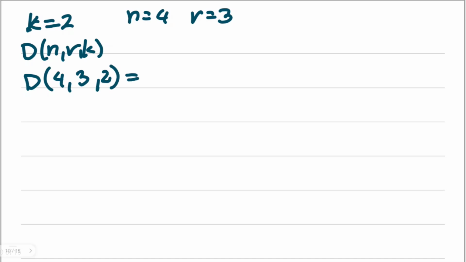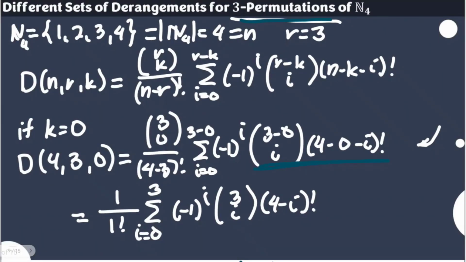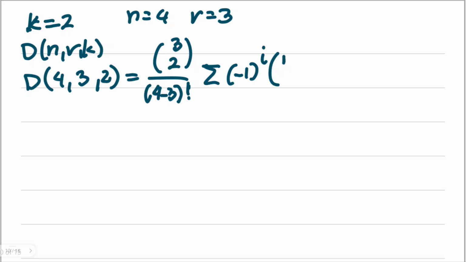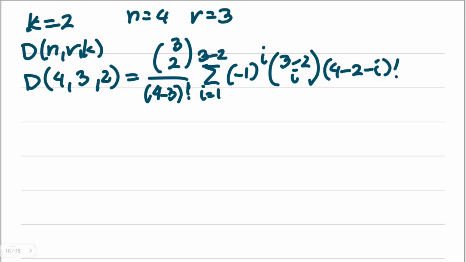We have r. The formula is here. Okay, you can check that later. 3 combination 2 for your k. 4 minus 3 factorial. Summation of negative 1 raised to I, r minus k is 3 minus 2 combination I. Then 4 minus r, which is 2 minus I factorial, where I starts from 0 to 3 minus 2, your r minus k. 3 combination 2 is again 3 over 1 factorial.